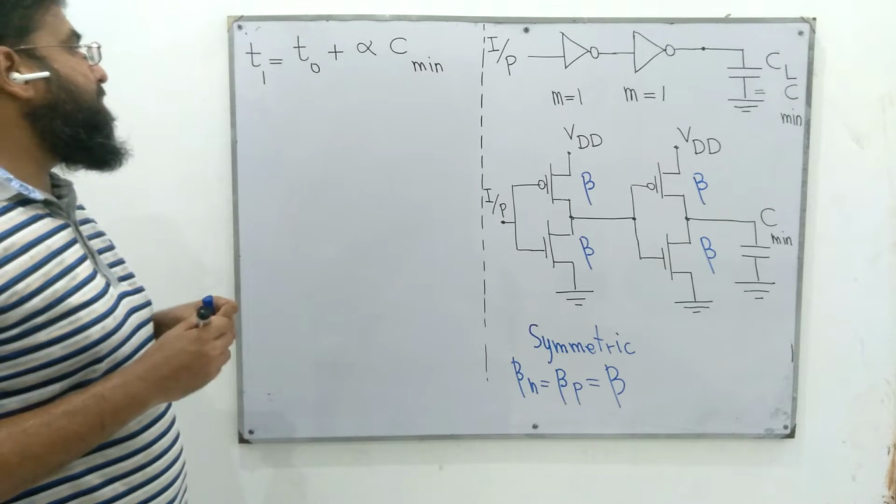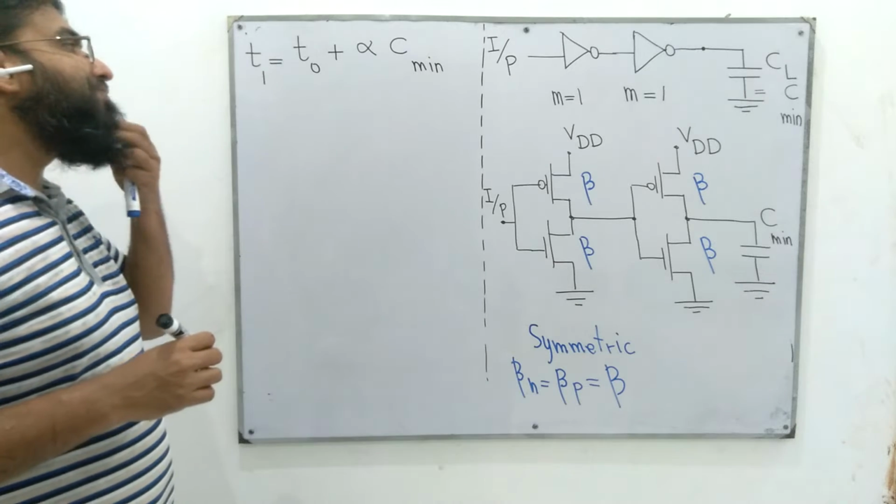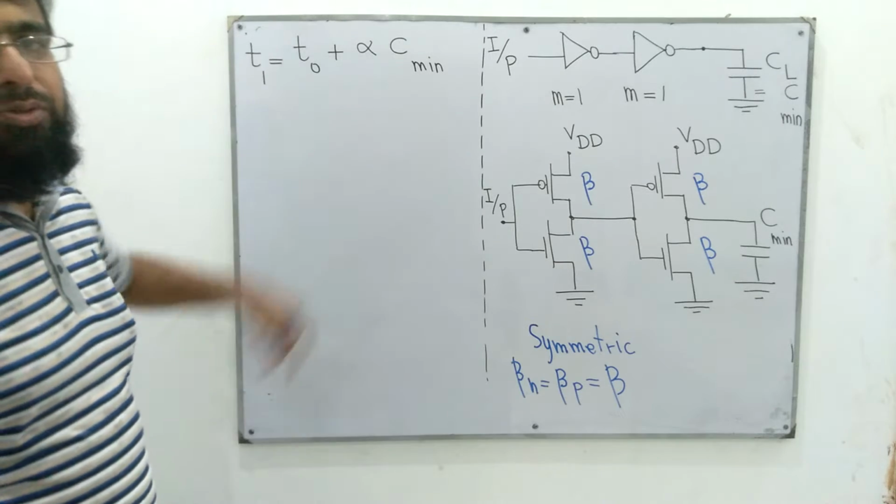I have omitted rise or fall here purposely to keep this expression general. So this is neither alpha P nor alpha N, because it's a general expression.